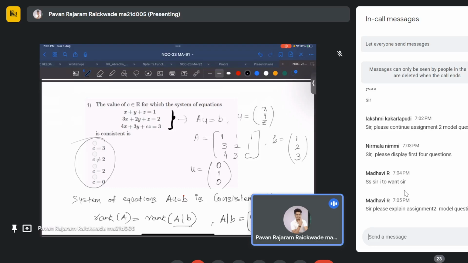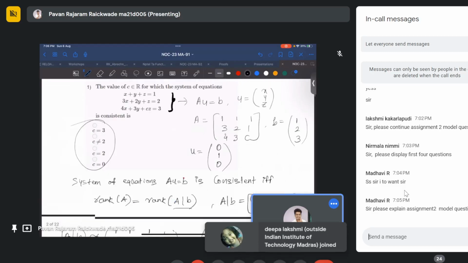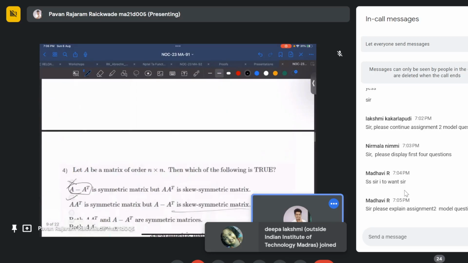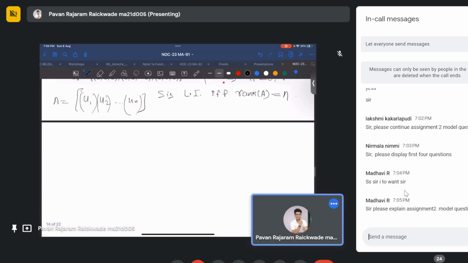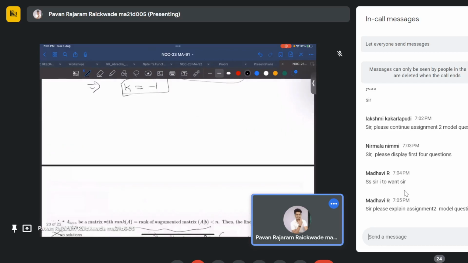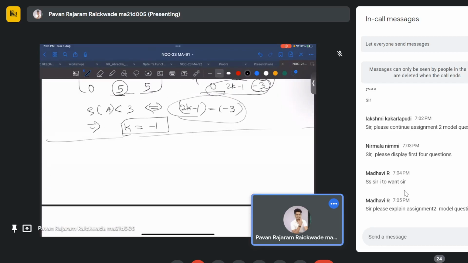You can tell me what question number you want the explanation for. Do you have the question number, or do you want the explanation for the whole assignment? Let's see, if time permits, I will explain as many as possible. Okay, assignment 2.